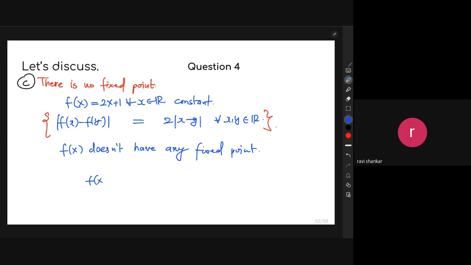If I take any linear function, ax plus b equal to x, it will always have a solution, because I can take b divided by 1 minus a, and this will always be the solution. So this will always be the x star. So I can't take any linear function.